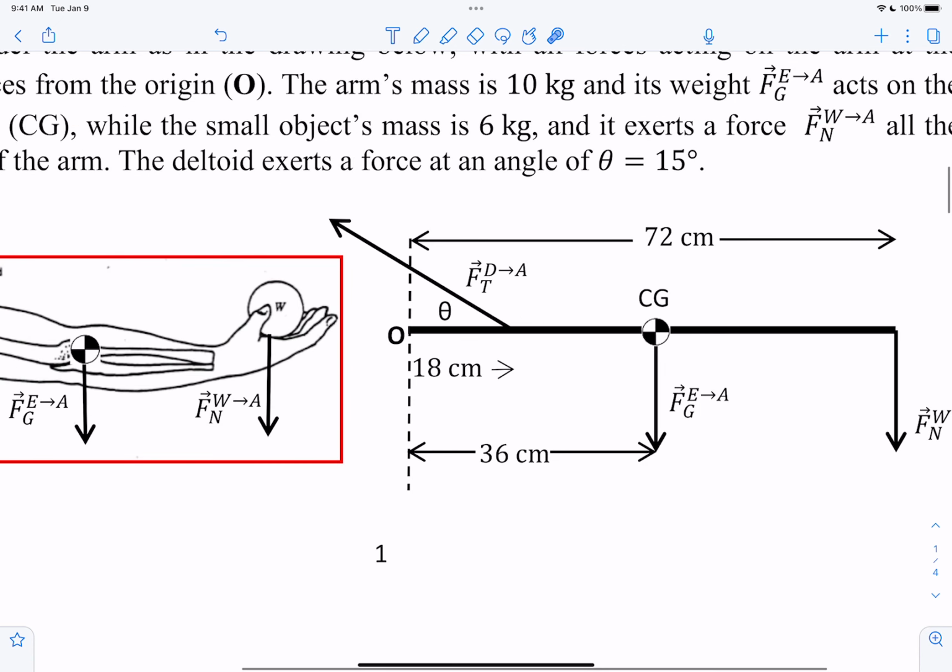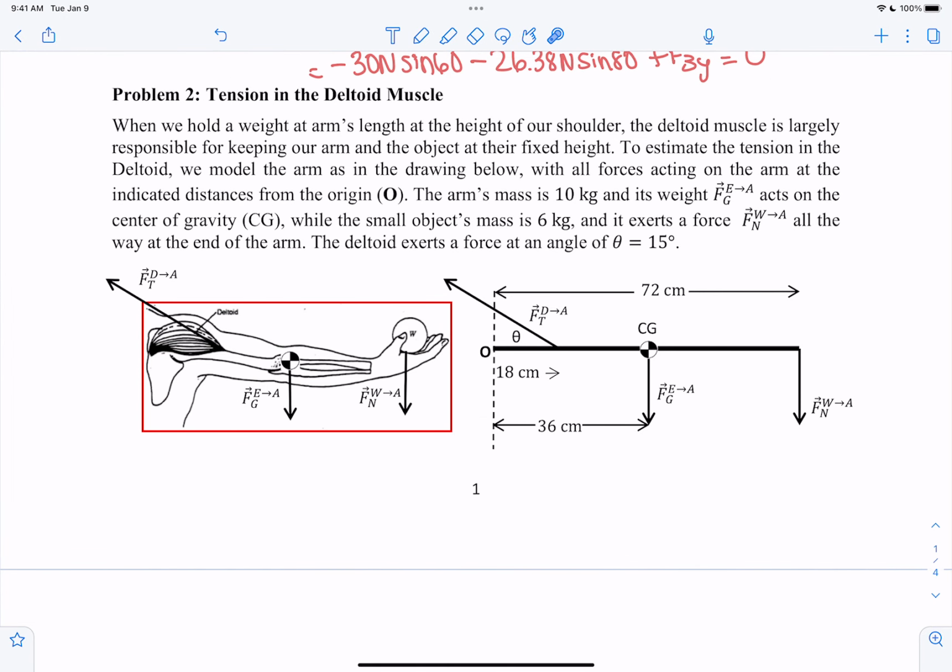The reason they call it a normal force is there's a surface of contact between the hand and the weight. I guess that's just the notation they want to give you. But the deltoid then exerts a force at an angle of theta equal to 15 degrees. This is tension of deltoid on arm.